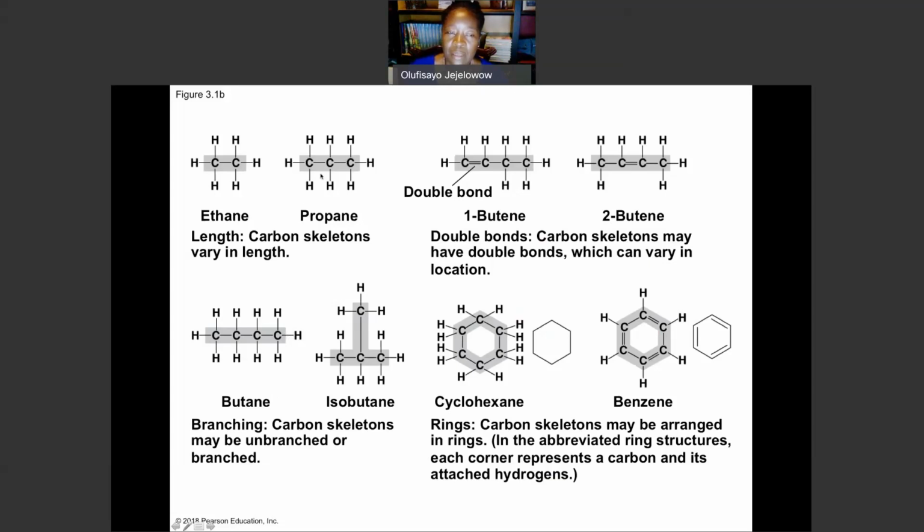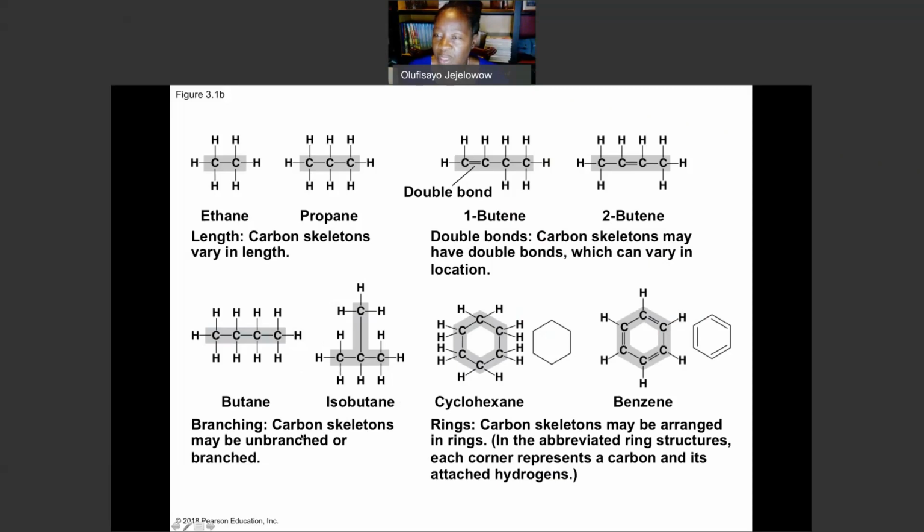As the carbon chain lengthens, the isomers can form. So the butane here branches, and you can see it doesn't take as much linear space. And we distinguish between the normal straight hydrocarbon and its isomer by using isobutane.